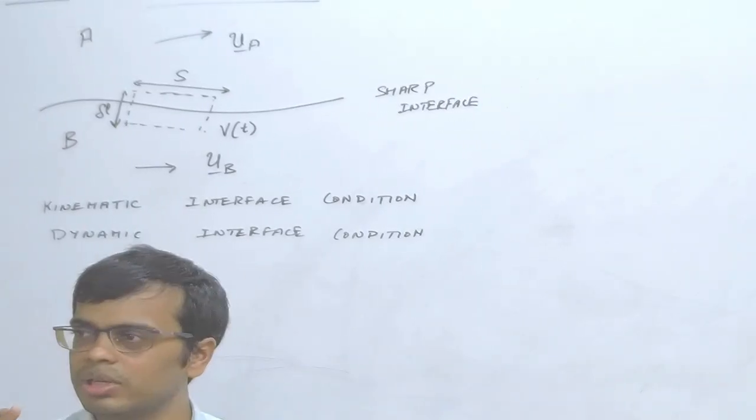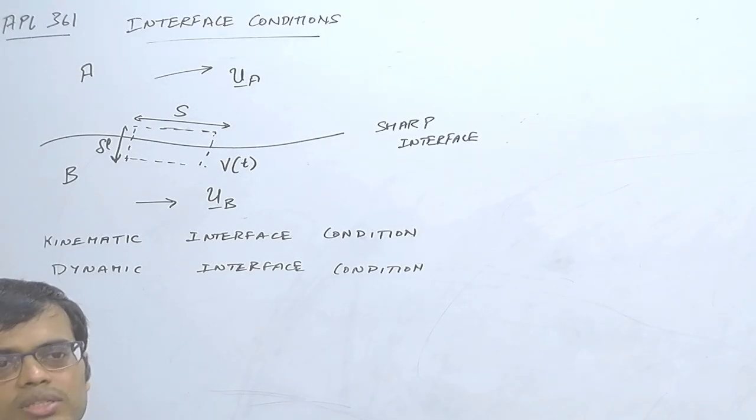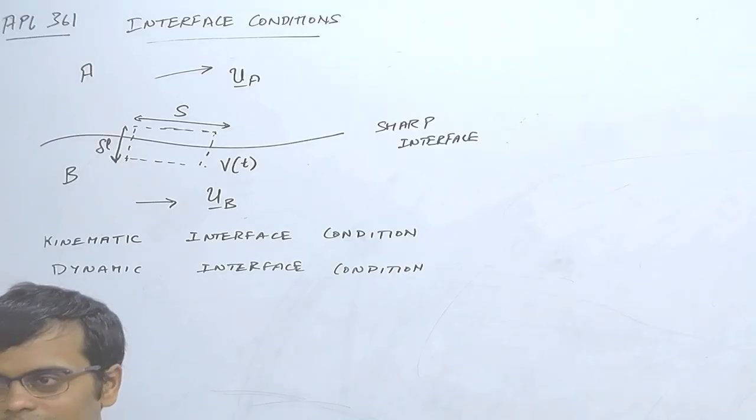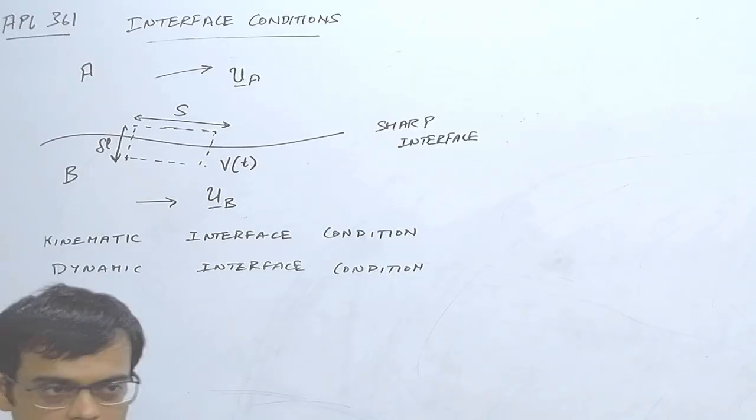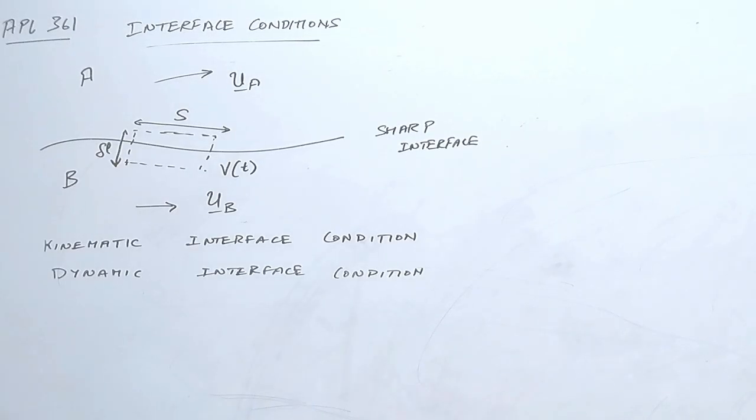Okay, control volume is something that you control. You have a choice to make so that you can make your analysis simpler or more difficult, whatever you want. Here we are making it move with the interface by choice. It doesn't have to do that.